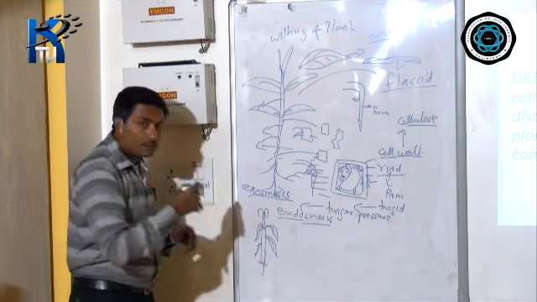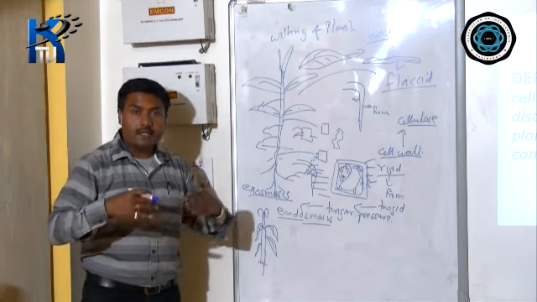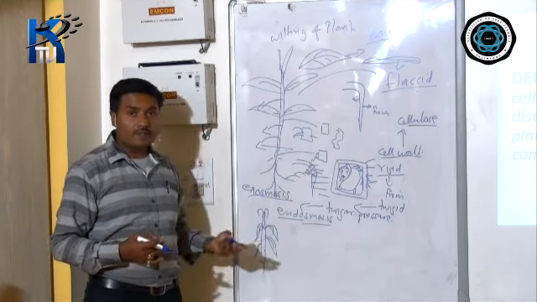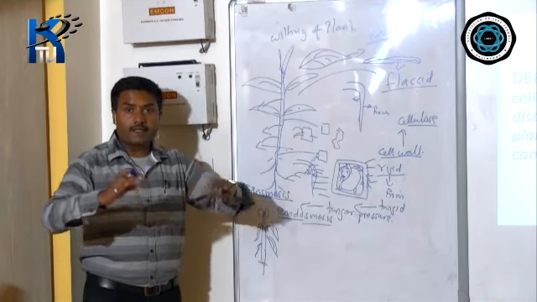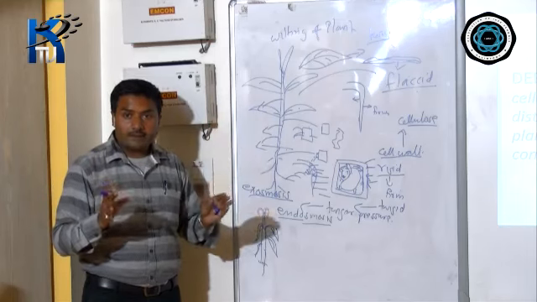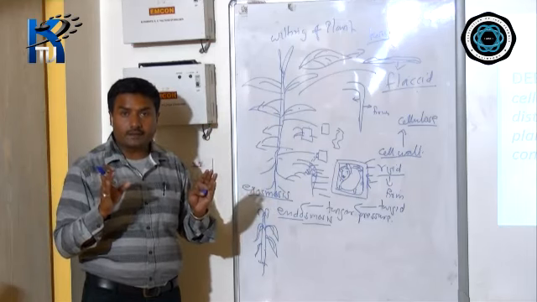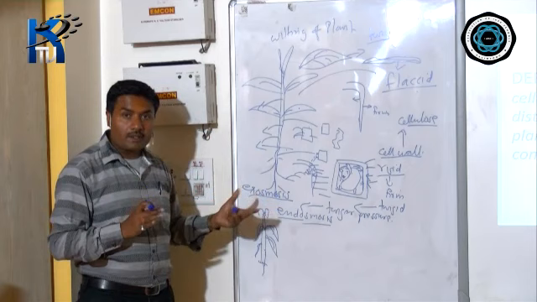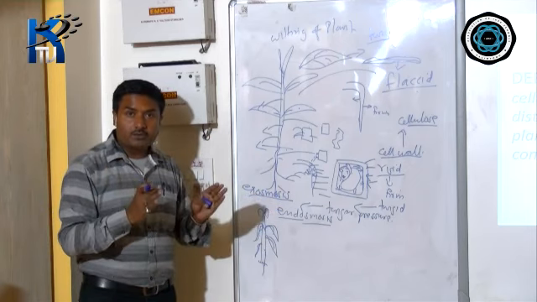exoosmosis. And the conditions for exoosmosis can be innumerable factors. Suppose, for example, the soil is not well irrigated, or the factor can be scorching heat. A number of factors may lead to exoosmosis.